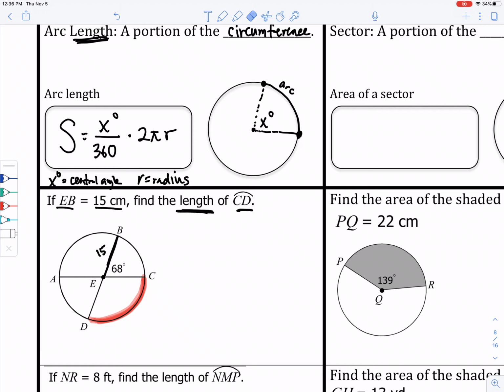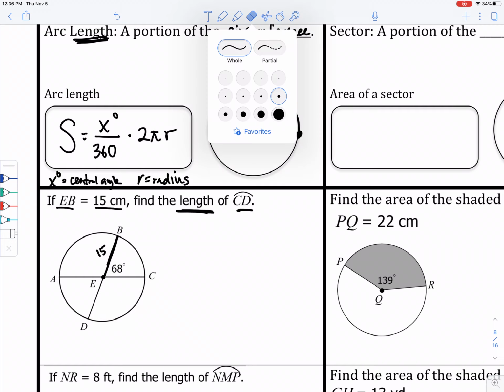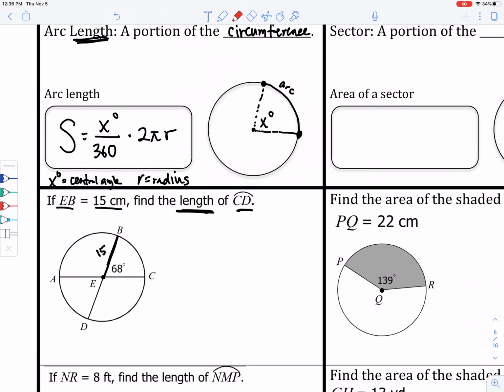Let's actually change this to make it a little easier since this is our first problem. Let's change it to CB. So instead of CD, let's do CB. And I want to find this arc, CB. Okay. So we want to find the length, not the arc measure, but the arc length.